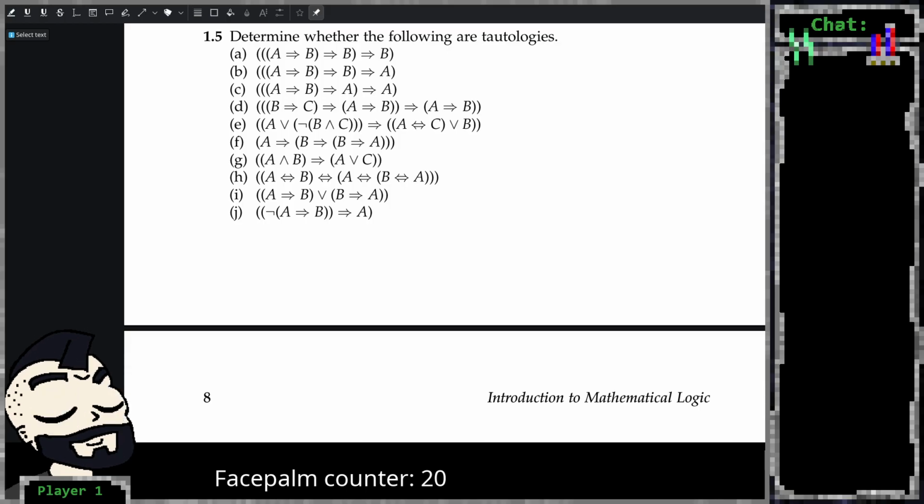So we can now do things with our little basic propositional language.